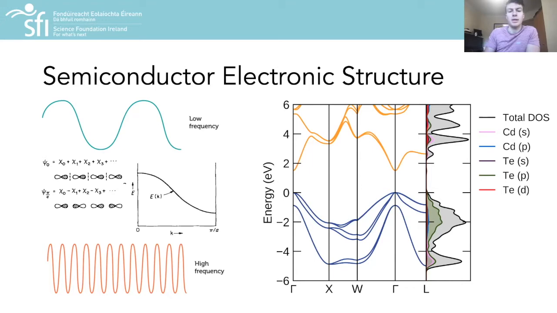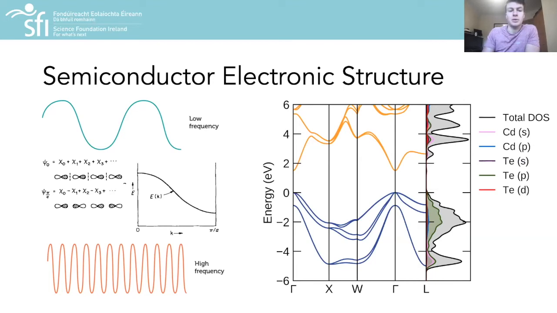So different wave phases correspond to different points in reciprocal space. So you can think about it in either way here. The different reciprocal space points correspond to different wave phases, which we call K points.